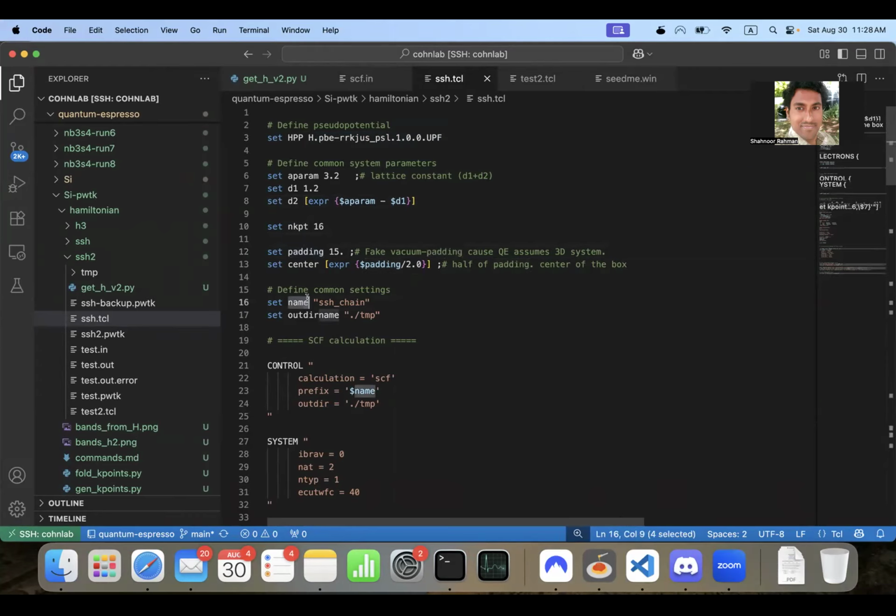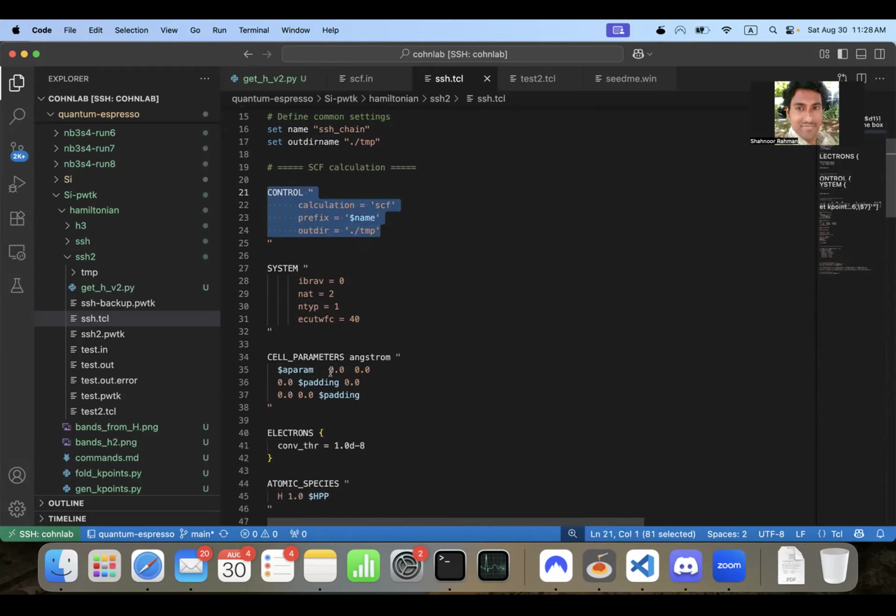And name defined as SSH chain, output directory TMP. And if you have done a little bit of PWTK, you know that this is how we define the name list. Sometimes you can use curly braces or sometimes double quotes.